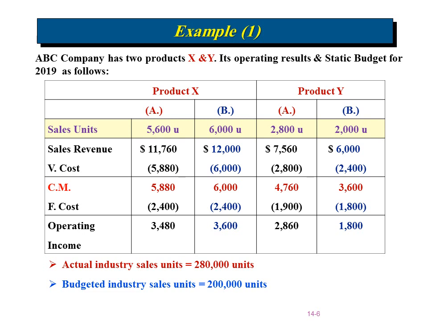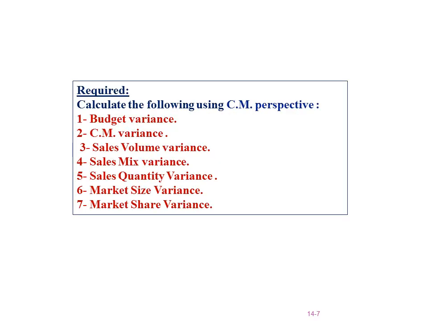And we have also actual industry sales units, or actual market sales units, 280,000, but budgeted industry sales, or budgeted market sales, 200,000 units. Here I have the information of each product. My requirement is to calculate all variances of sales using contribution margin.